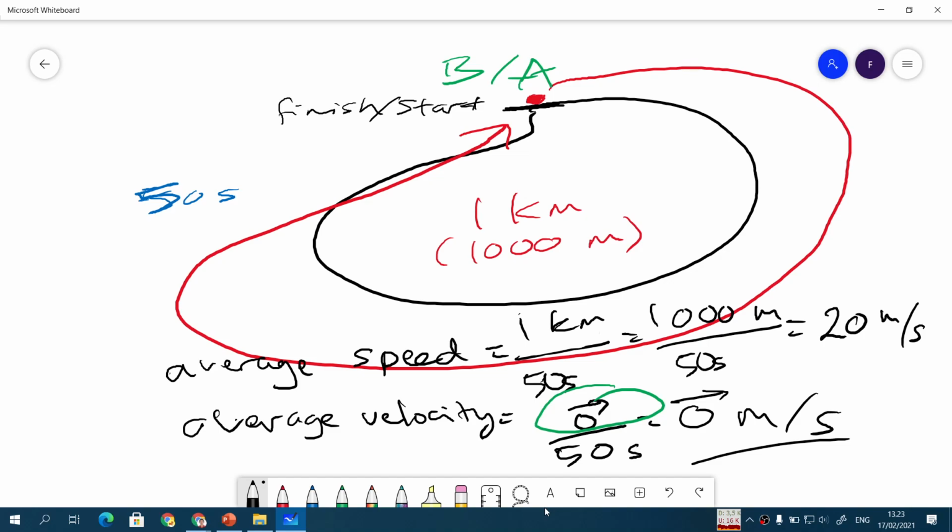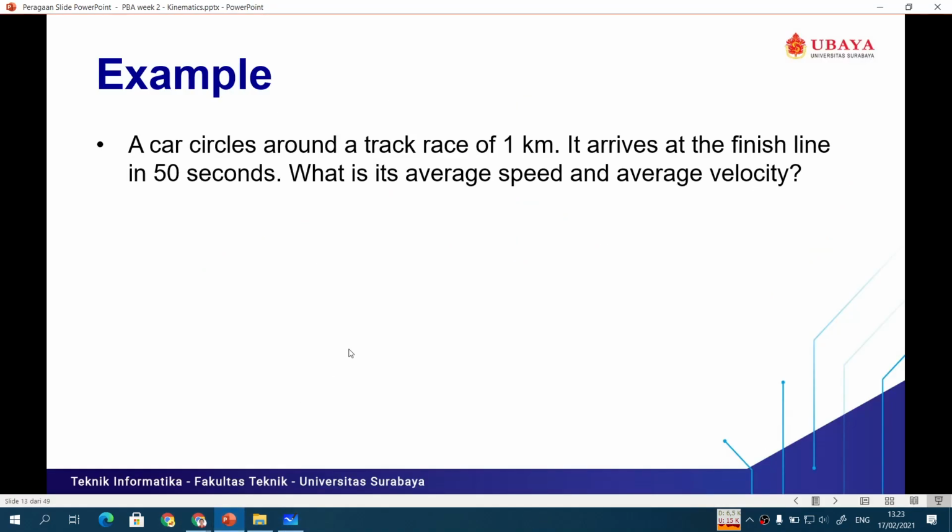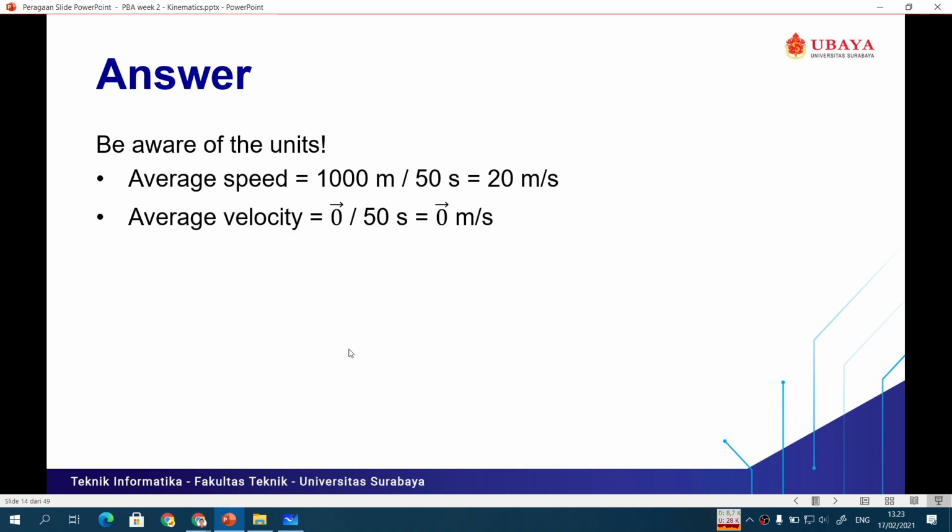Is it clear for you? Any questions about differentiating between average speed and average velocity? Clear, sir. Okay, nice. So here are the calculations. Average speed is 1,000 meters divided by 50 seconds, so you get 20 meters per second.